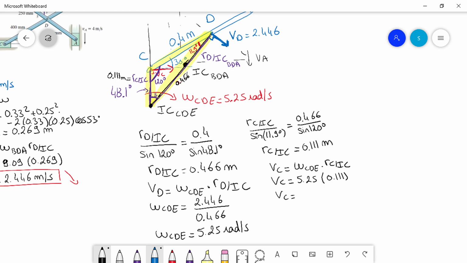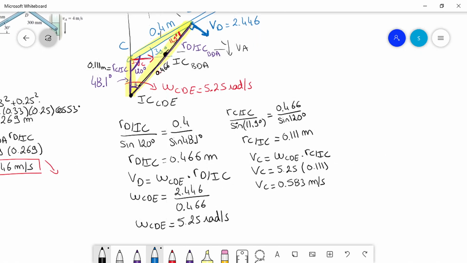That's 0.582, 0.583. Yeah, I think I did use a little bit of approximation there. I have the exact value, that is 0.587.